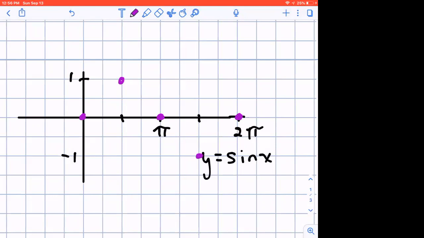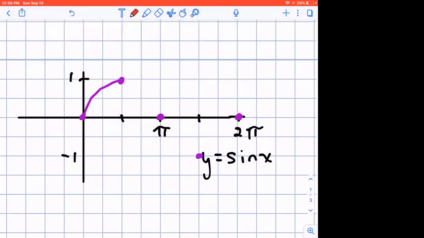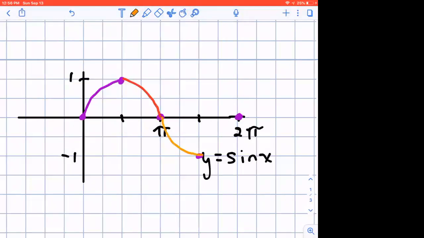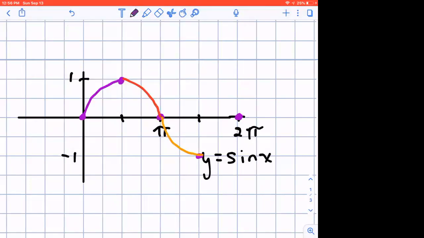We can think of this as being cut into 4 pieces. Here's piece 1. Here's piece 2. Here's piece 3. And here's piece 4. Those 4 pieces are what we're going to be graphing.